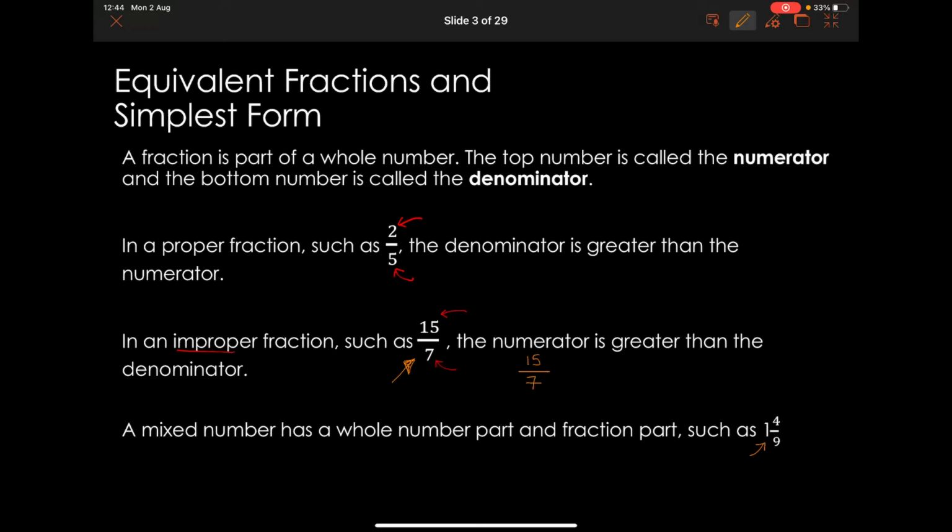So I know that 7 is a whole one. 14 is 2 whole ones because 2 7s are 14. So in this fraction here, I've got 2 whole ones, which makes 14, but I've actually got 15 on top, which means I've got 1 left over out of 7. And it's the number on the bottom that always ends up on the bottom here too. We'll go through that in a little bit more detail in a minute. So just another example of a mixed number is 1 and 4/9.